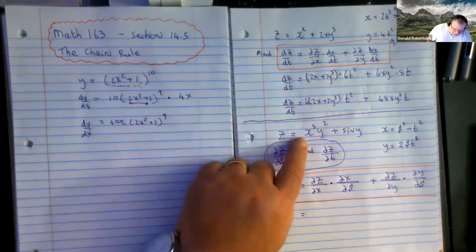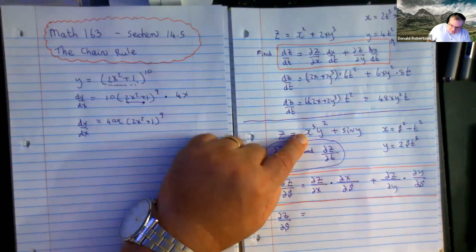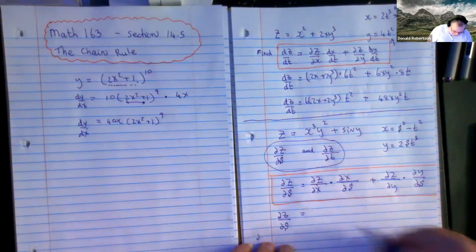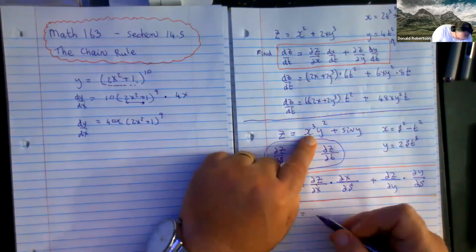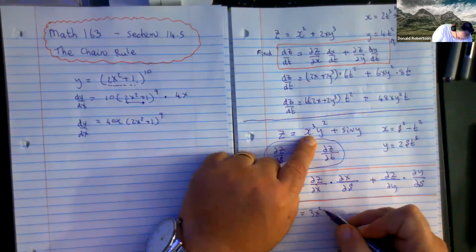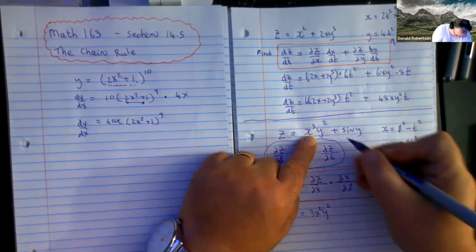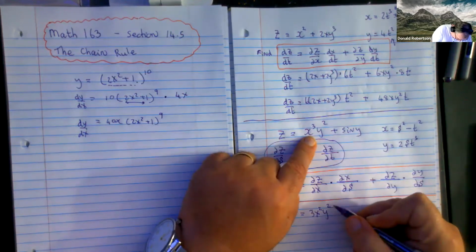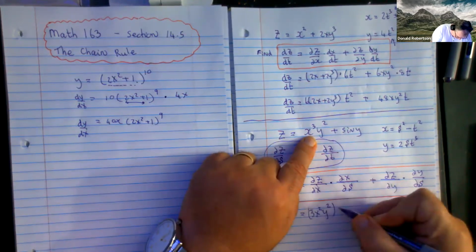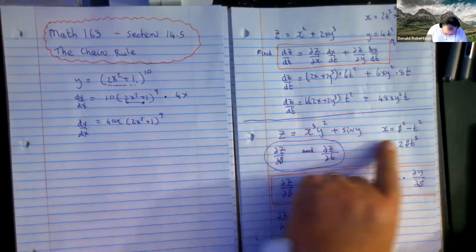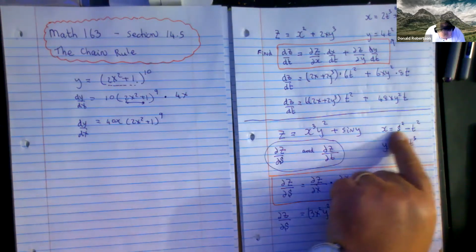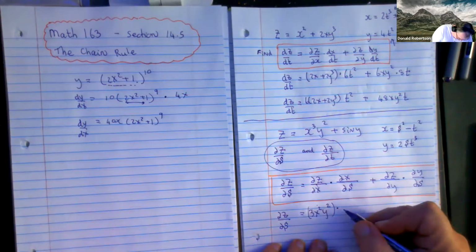If you differentiate this function, partial derivative, with respect to x, you get 3x squared y squared plus nothing, so I won't write that down. So that's this bit, times dx by ds, and if you differentiate with respect to s, you get another 2s.